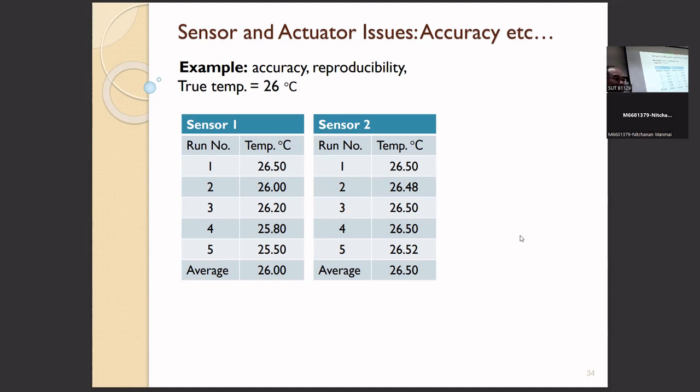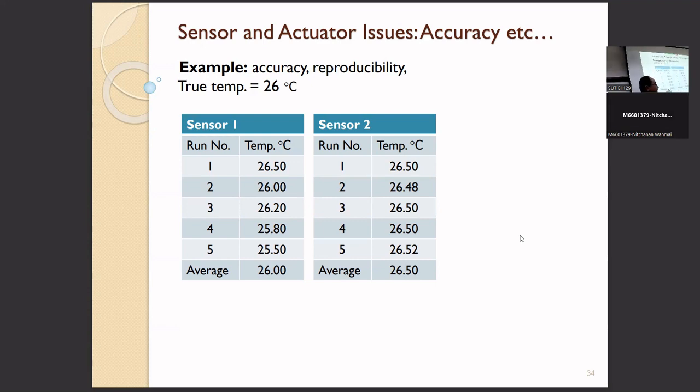But the true value is 26, and the average value of sensor 2 is 26.5. But the true value is 26. Sensor 2 is low accuracy. Because when you measure the temperature, sensor 2 gives 26.5. It deviates from the true value.